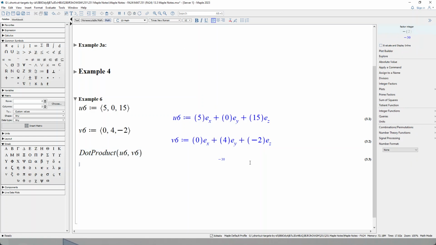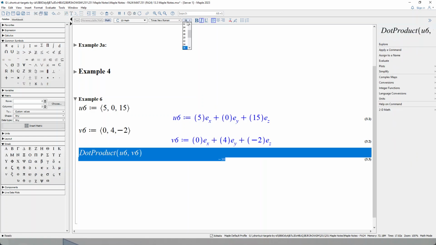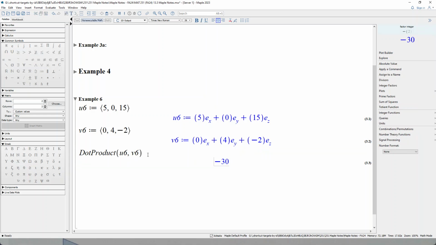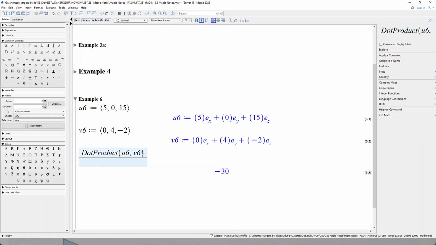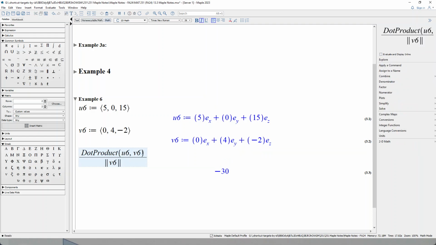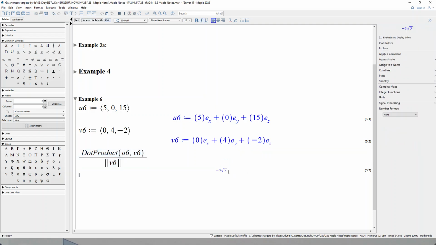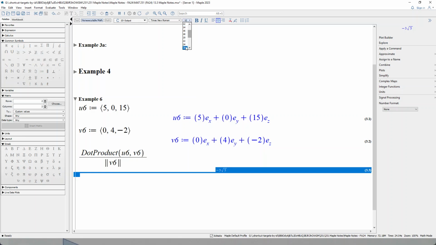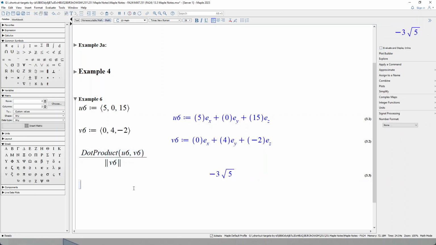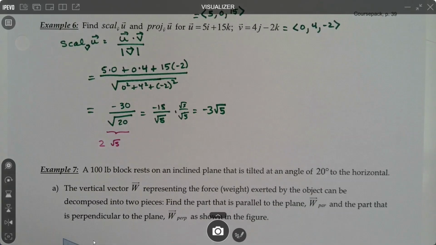And sure enough, it's negative 30, just like I thought. Now, if I want to, I can actually do this all in one. I can say not only find that dot product, but divide it by the magnitude of v6. And it does so. And it is negative 3 square root of 5, just like we said it was. There's the scalar. All right, so we can circle that. We're done with that piece.